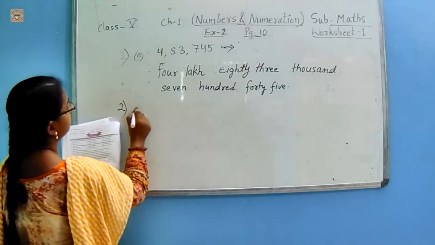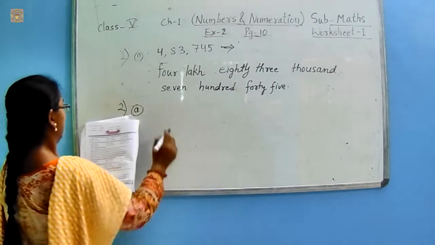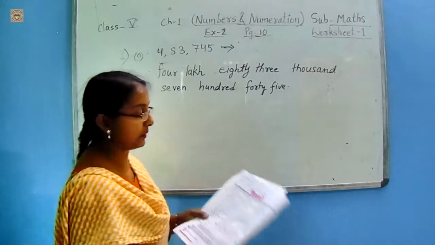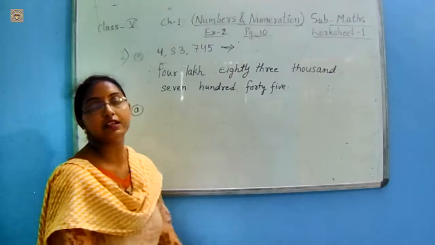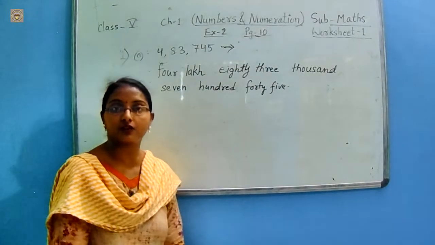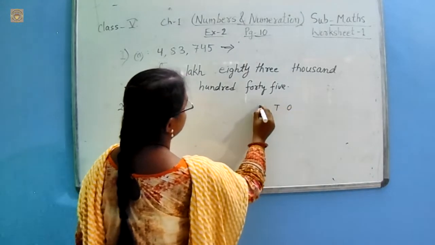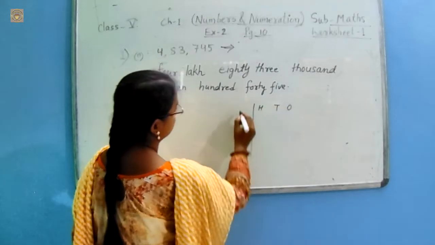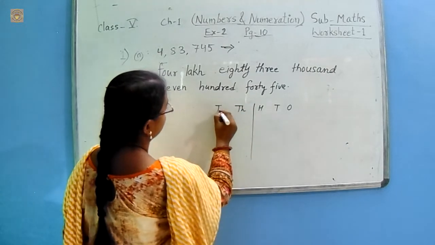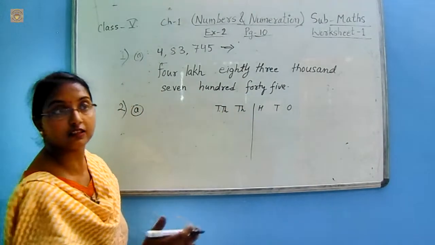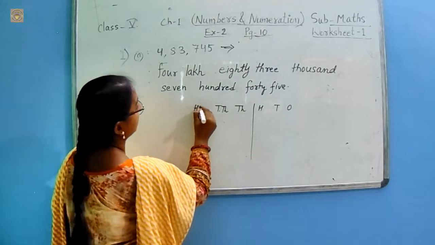Question number 2. You have to write these numbers using the international place value system. That means in the international place value system, we put 1, 10, 100, 1000, 10,000, and the lakh position is converted here as 100,000.